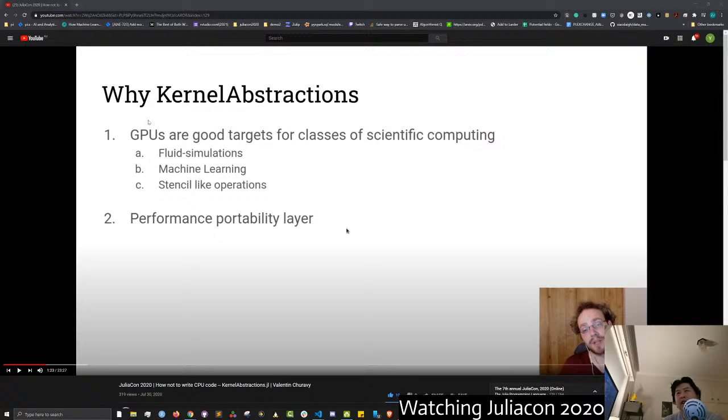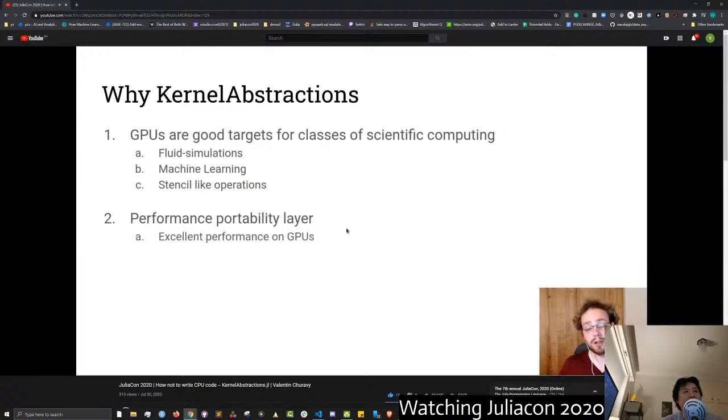I want to find it, like it says how not to write CPU code. But how do I write it? Is there a good TLDR kind of tips like this is what you should do? I'm not sure if it's in there.